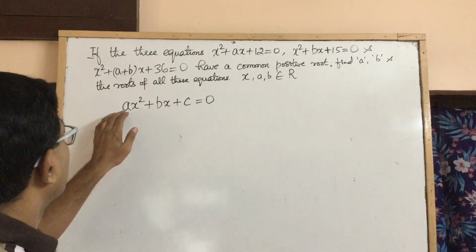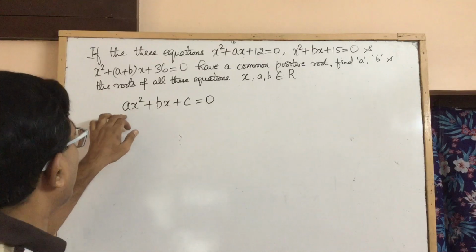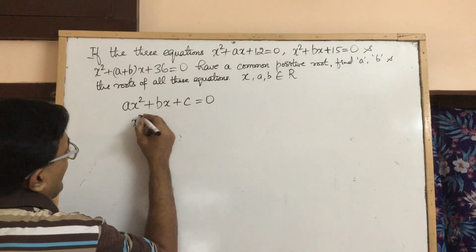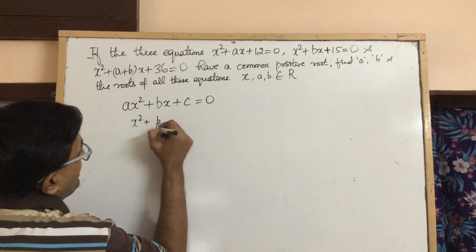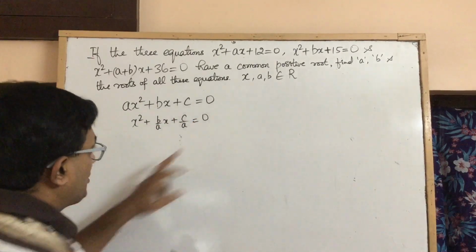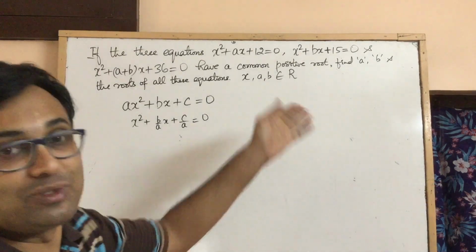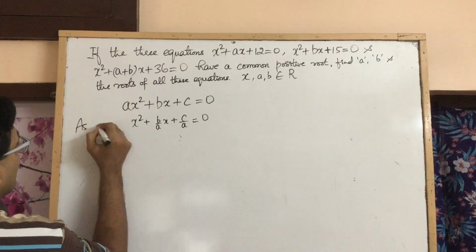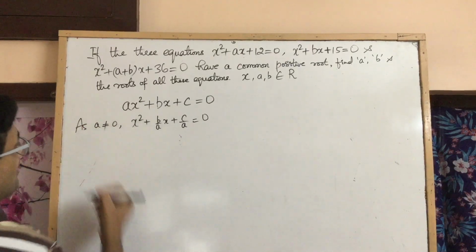So it's pretty clear that a cannot be 0. So we divide both sides by a, then we end up with this. 0 divided by a is going to be 0. This holds water because a cannot be 0.